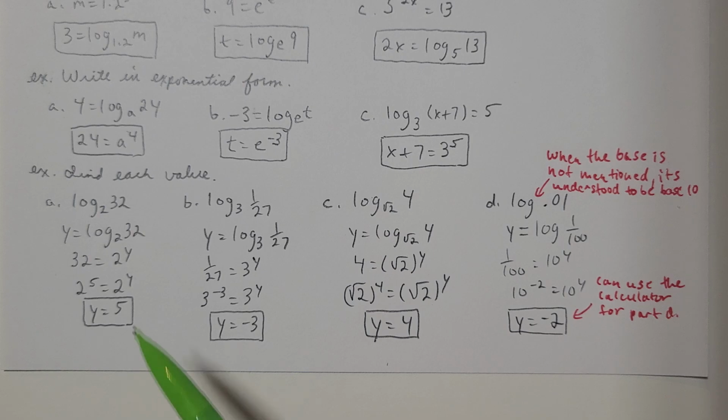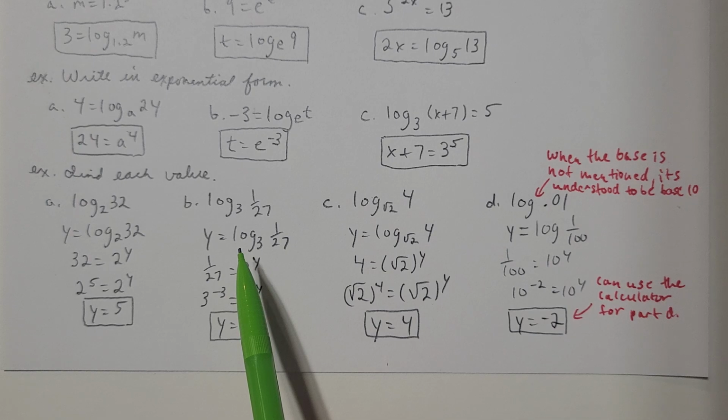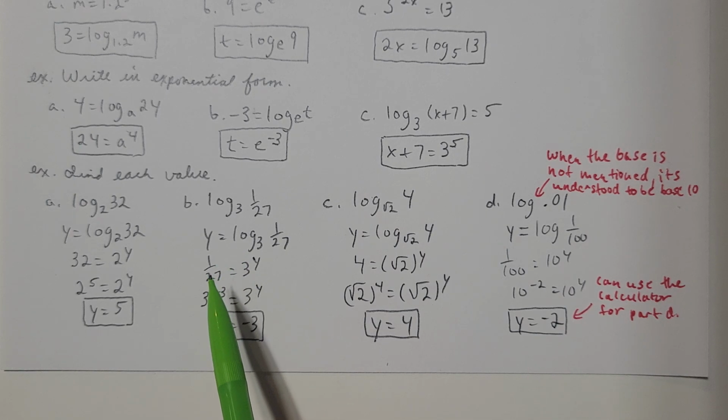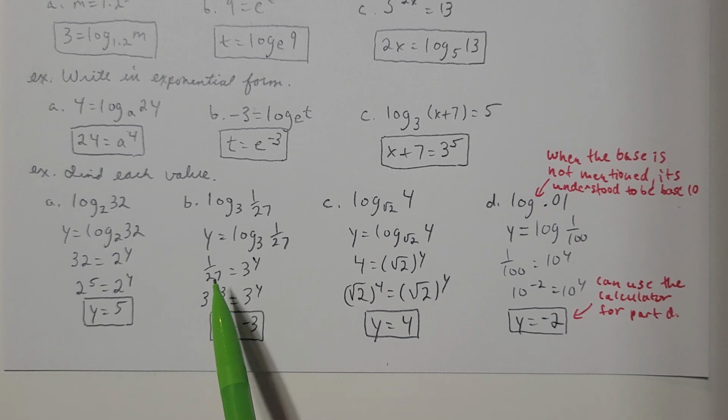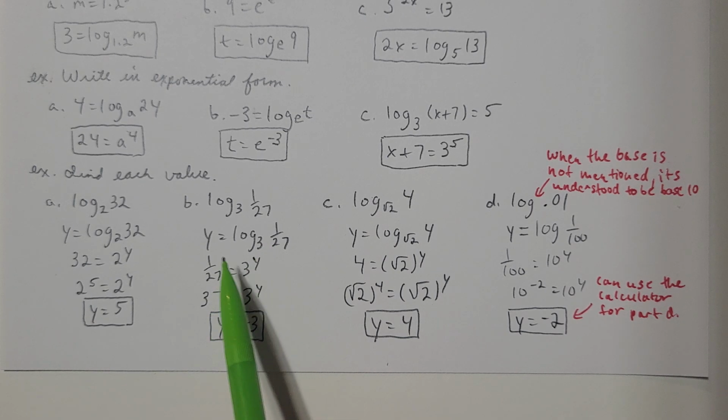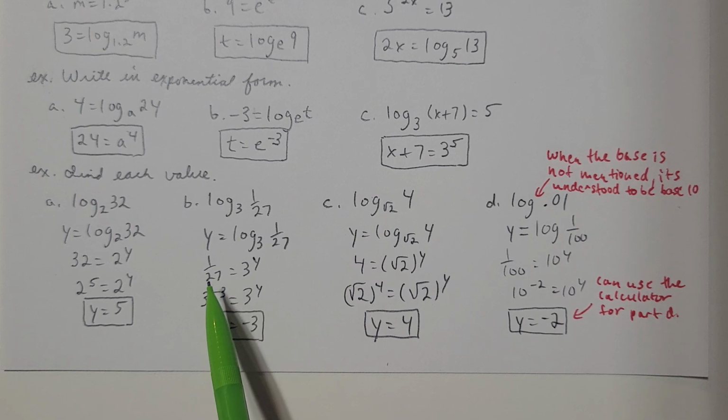Let's try part B next. I need to know the value of log base 3 of 1/27. Let me call that y, and we'll use the definition to convert this to exponential form. The x value is 1/27 and 3 is the base, so 3 to the y equals 1/27.